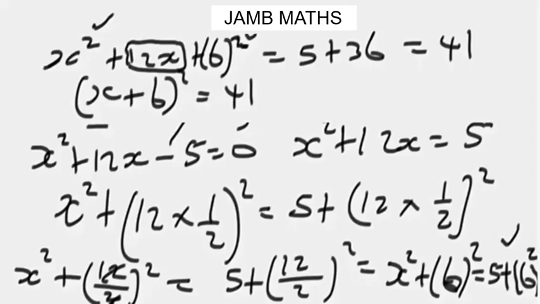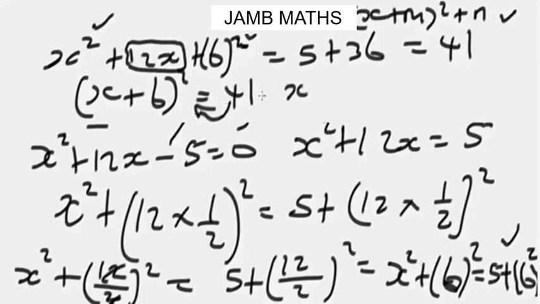Now, remember, we have to express this in the form (x plus m) squared plus n. So to express it in this form, the 41 crosses over the equals sign and changes to negative 41. So it's going to give us (x plus 6) squared minus 41.